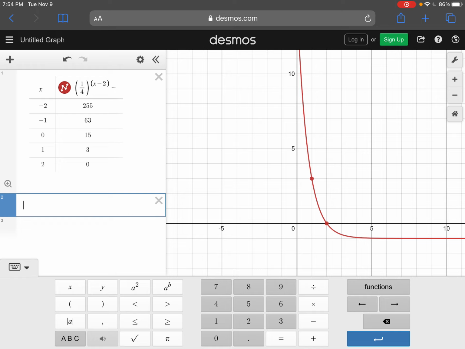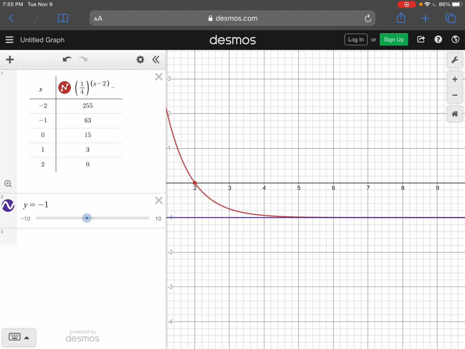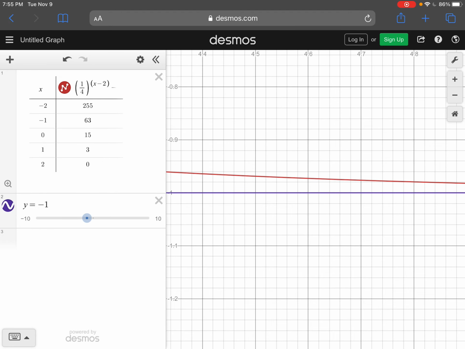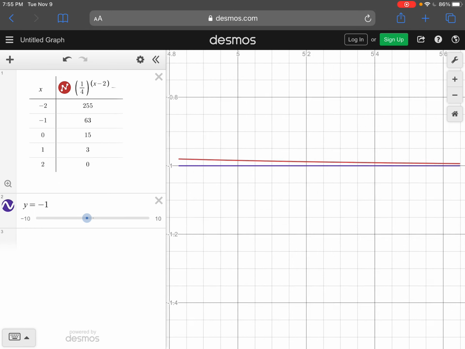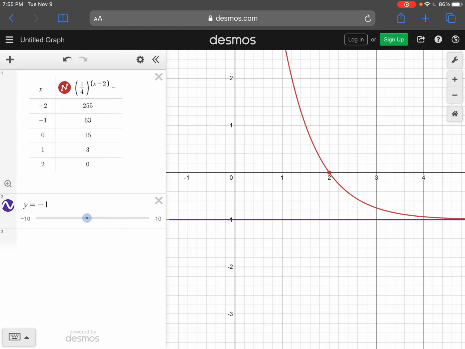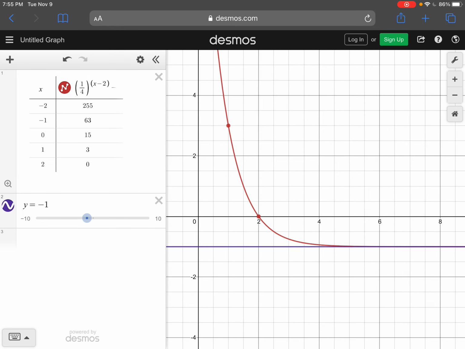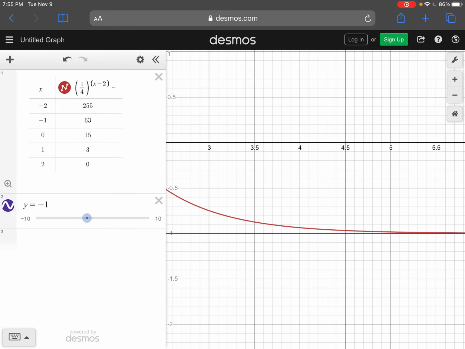Our asymptote was y equals -1. And we can see here that we're getting very, very close to that asymptote, but we never cross it. So that is your asymptote, the line your curve approaches more and more closely.